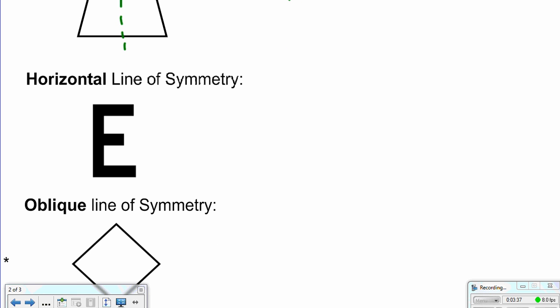In order for a shape to have horizontal symmetry, it needs to have symmetry like the letter H. And the letter H, if I draw a line this way, it has symmetry. The letter H also has vertical symmetry, but the letter V does not have horizontal symmetry, so that's a trick you can use to help remember, because sometimes people confuse vertical and horizontal.